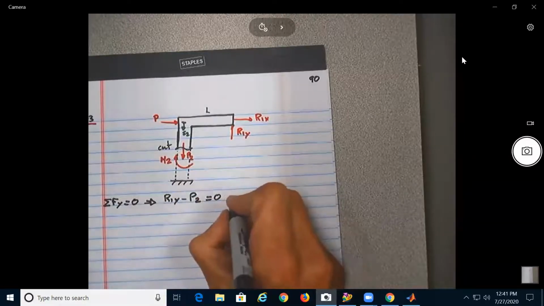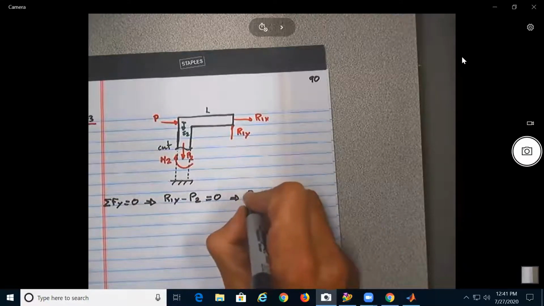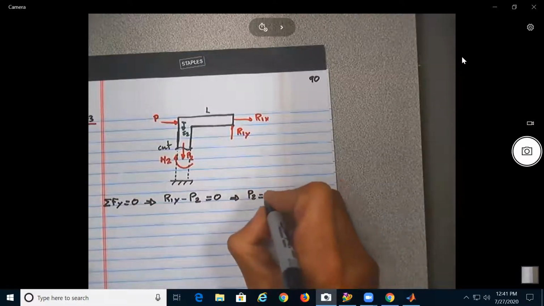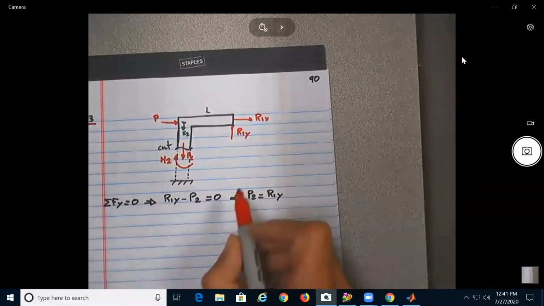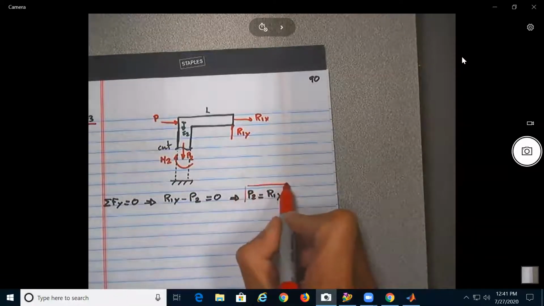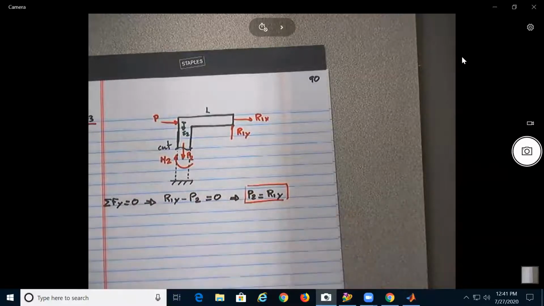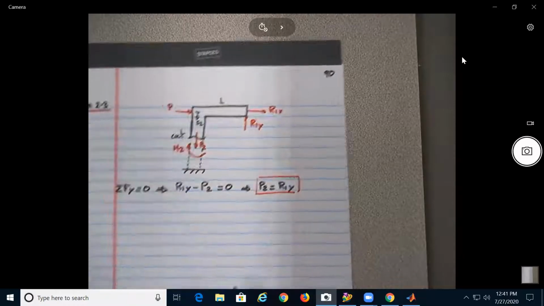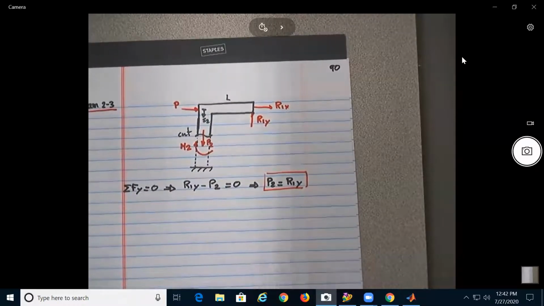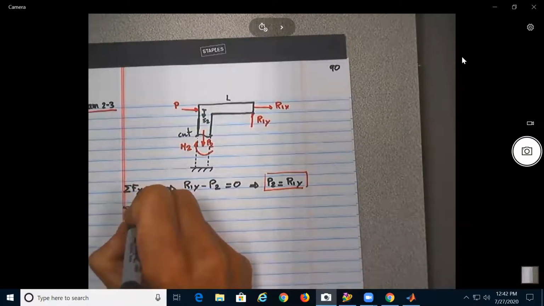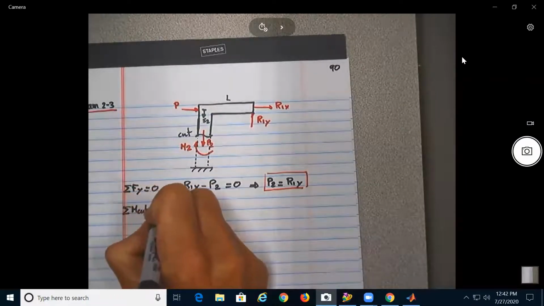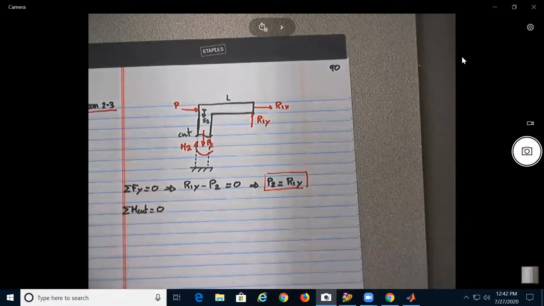So this will give you that P2 is equal to R1Y. Now this one is going to be a bit more complex. In order to find the moment M2, we're going to take moments about the cut.